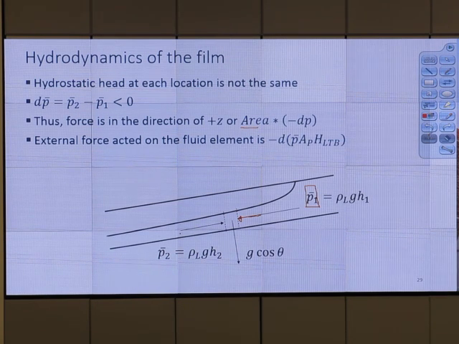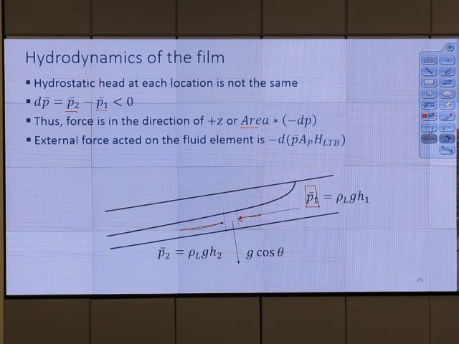And force in the direction of minus Z is that one, P2 bar. So dP is pressure at next location minus pressure at the current location divided by area. Okay? So it's P2 minus P1 divided by area.